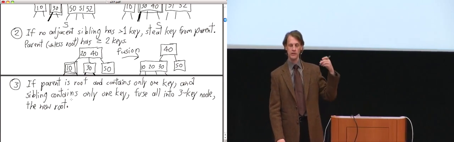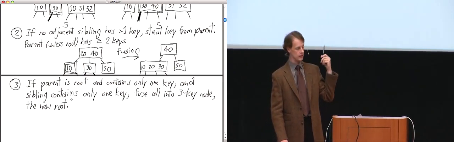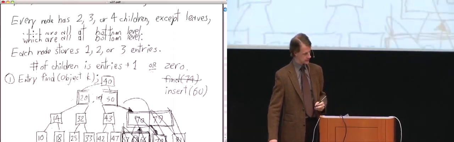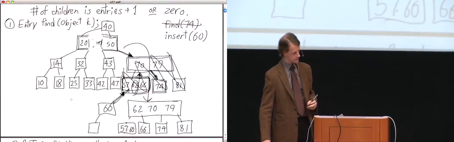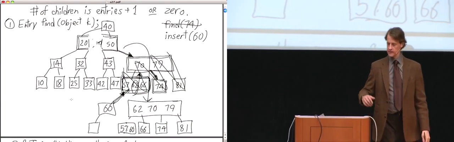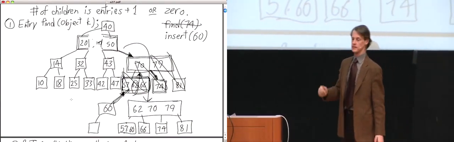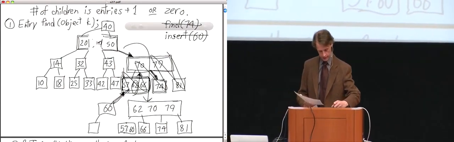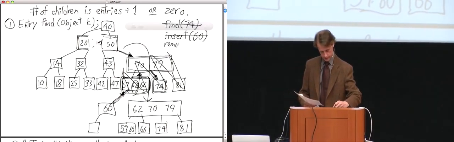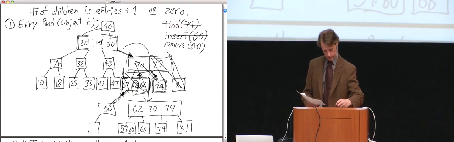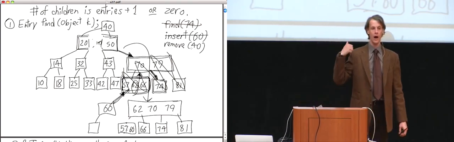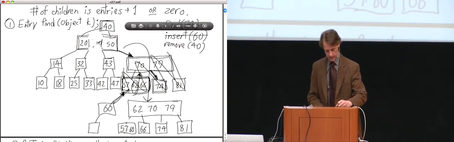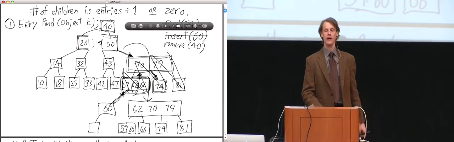To give you an example of these 3 rules working together, let's go back to the tree that we restructured earlier. This one here. And let's ask ourselves, what happens to this tree if I remove 40? All right, I want to remove 40 from this tree. I start at the root, and lo and behold, I have already found the 40.